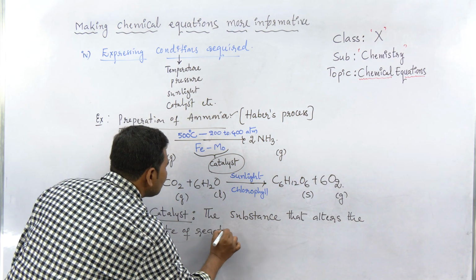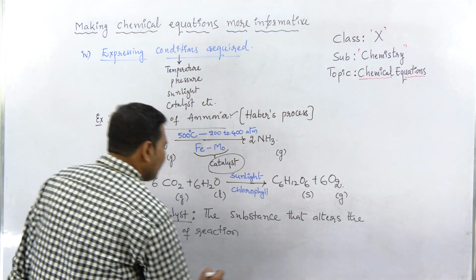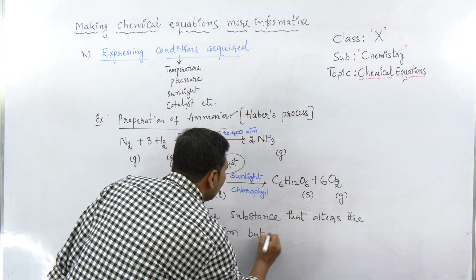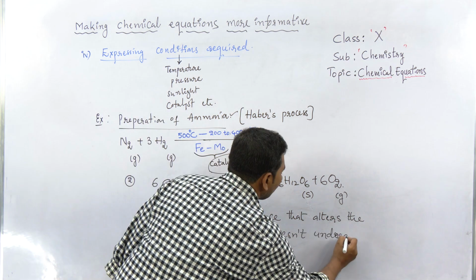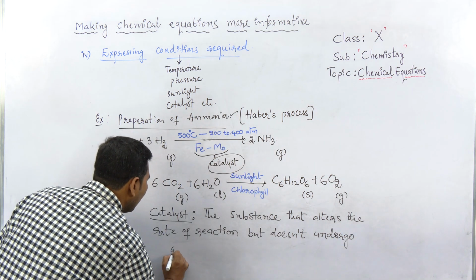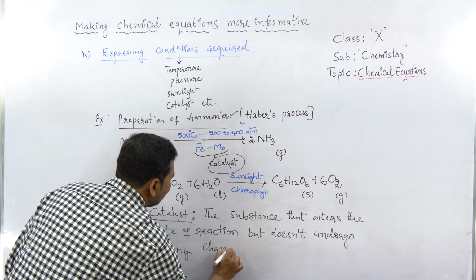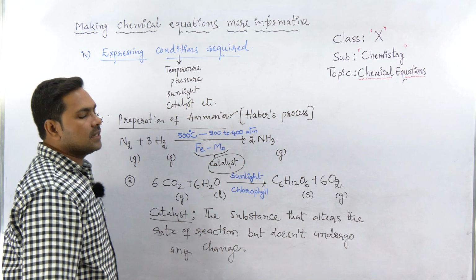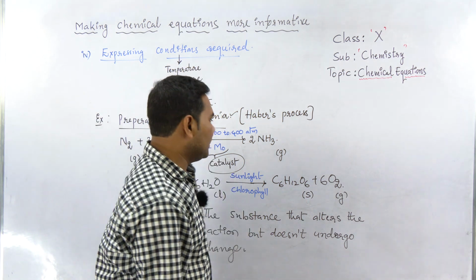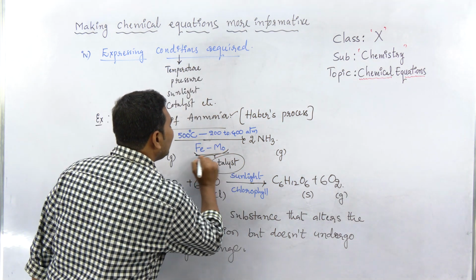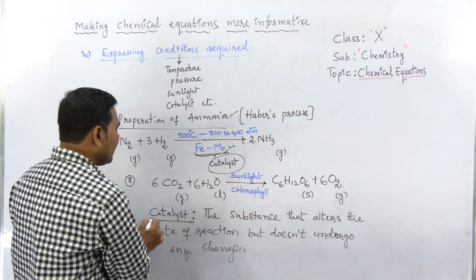Rate of reaction means the speed of reaction. It alters the rate of reaction but doesn't undergo any change. Such substances are generally called a catalyst. So here the mixture of iron and molybdenum is an example of a catalyst.